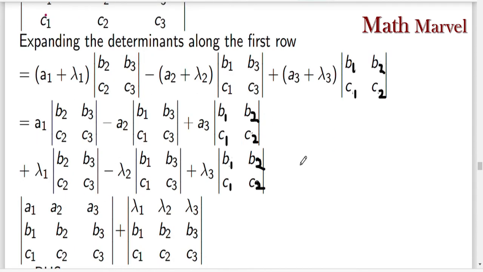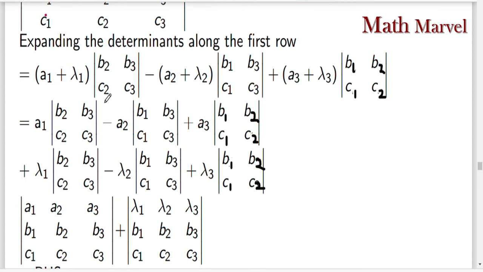Now after this step, we have the multiplication of a1 plus lambda 1 given. So here we have to separate the brackets. Okay, but first of all we write only the multiplication with a1, a2 and a3, and then in the next step we write the multiplication with lambda 1, lambda 2 and lambda 3. So first write multiplication with a1.